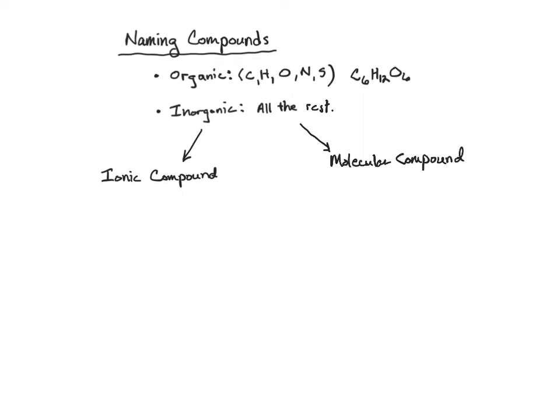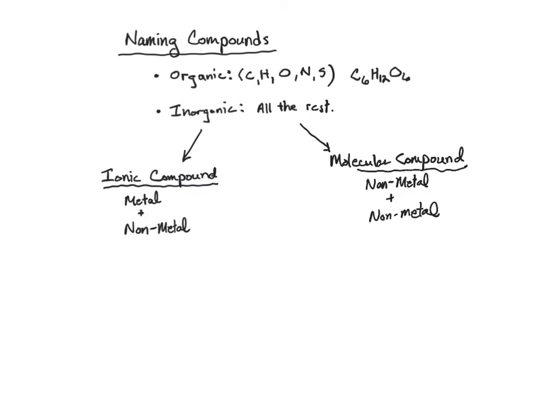Well, the ionic compound is going to be composed of a metal, so something from the left side of the periodic table, plus a nonmetal, something from the right side of the periodic table. Whereas a molecular compound is going to be composed of a nonmetal combined with a nonmetal. Now, these two different types of compounds are going to have two different naming systems for reasons that I think will become clear once we start naming some stuff.